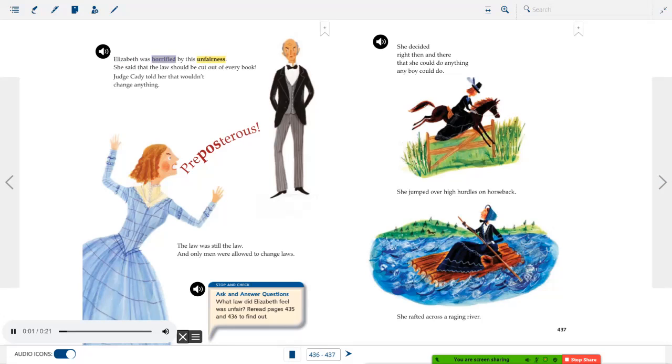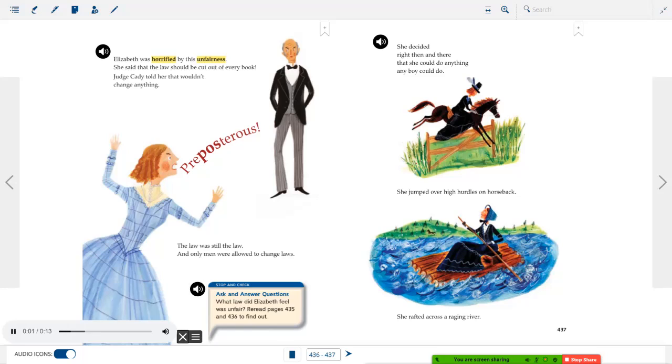Elizabeth was horrified by this unfairness. She said that the law should be cut out of every book. Judge Cady told her that wouldn't change anything. "Preposterous." The law was still the law, and only men were allowed to change laws.